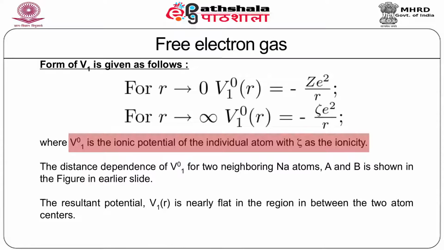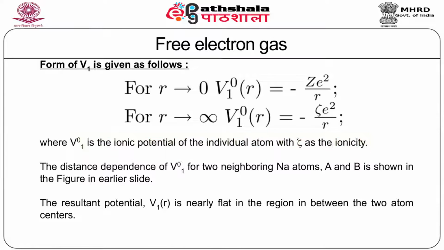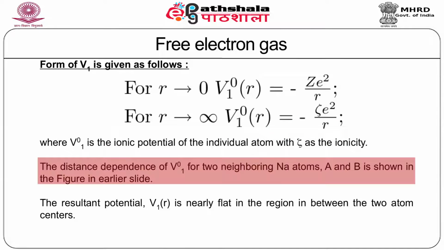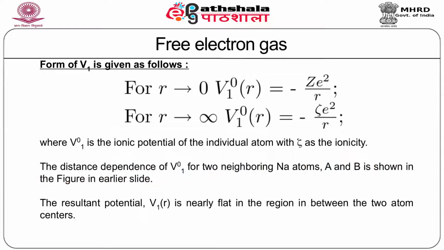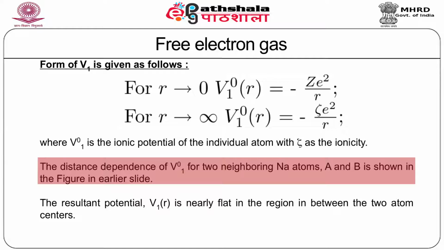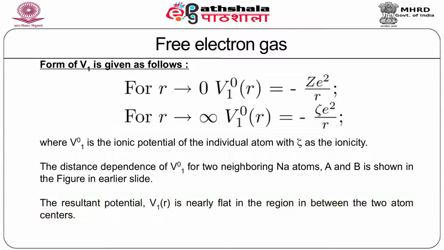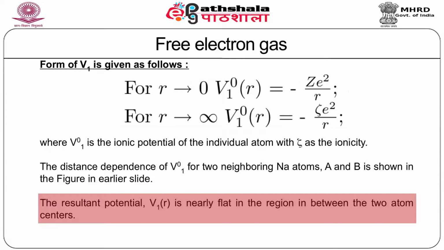This V10 is the ionic potential of the individual sodium atom, which is either at site A or B. Now, as we have seen in the previous slide, which shows the distance dependence of V10 for two neighboring sodium atoms at site A and B, the resultant potential, which is the combination of V10 at site A and site B, this V1, is nearly flat in the region in between A and B, that's the two atom centers.